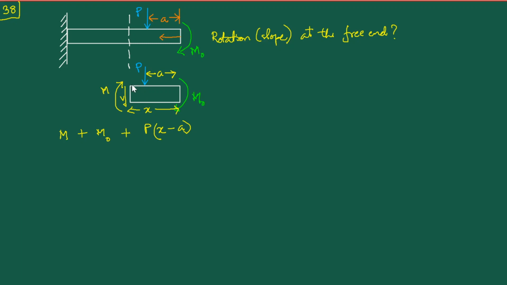So the moment arm is x minus a, but that gets activated only when you are at a distance x which is greater than a, and that fact is captured by multiplying this term with this Heaviside. So this entire thing is equal to 0.